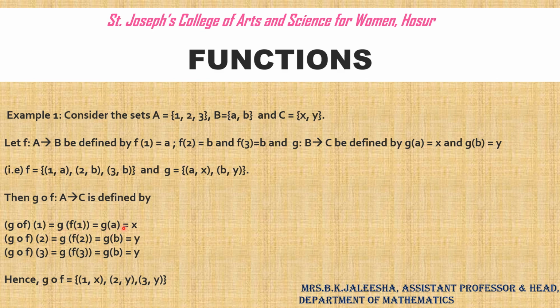Now g of a is x. So finally we get g dot f of 1 is equal to x. So for this composite function, the first ordered pair is 1 related to x, that is 1 comma x. Likewise, we find g dot f of 2 and g dot f of 3.